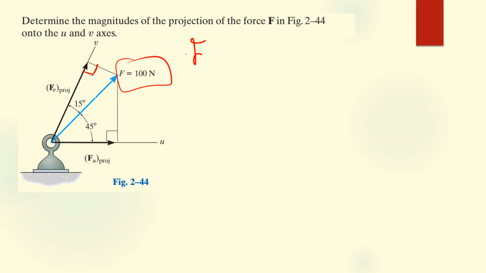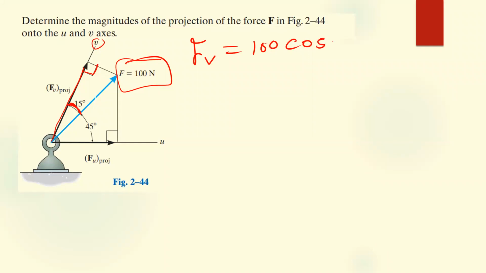So to find the projection of F onto U and V, let me start with V. Onto V is going to be this same force, which is 100, and then it's being projected onto V. So we're just going to say cos, because this line where I want to project this force is the adjacent to this angle 15.